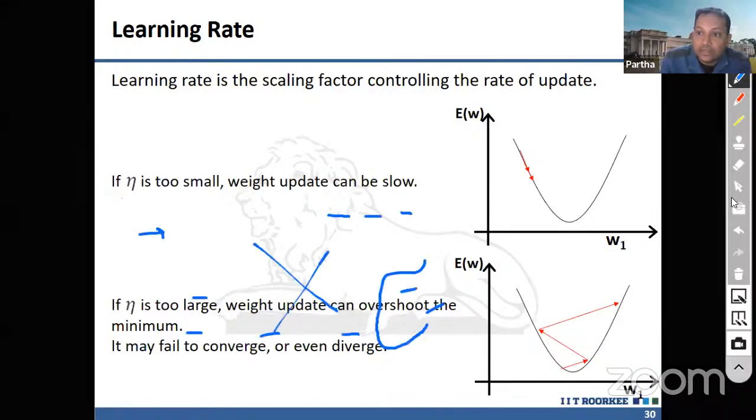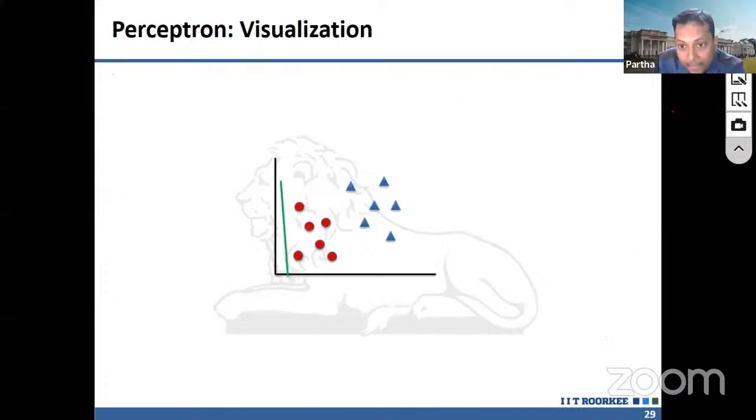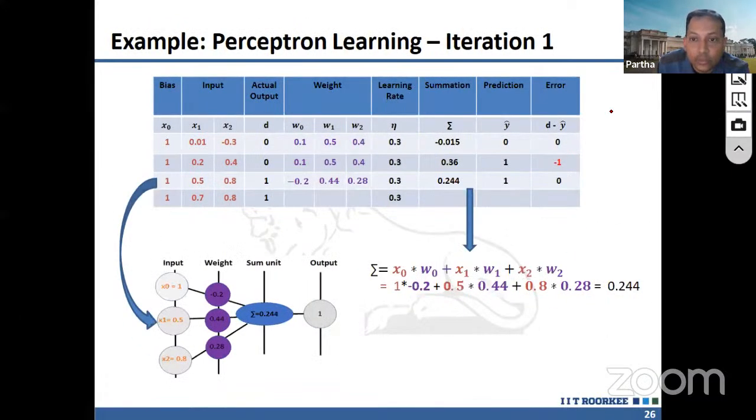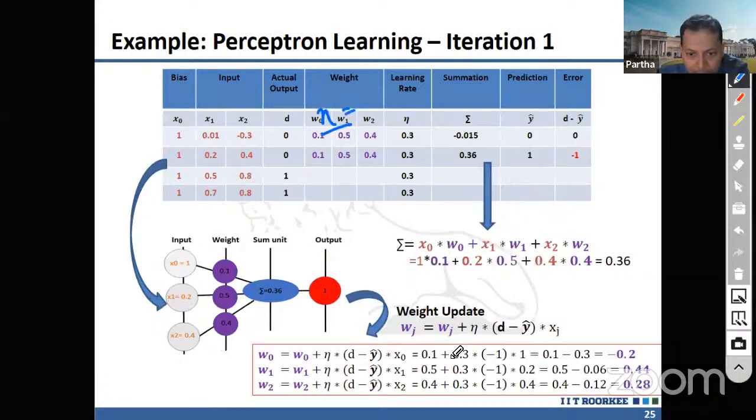This scaling, what I said, this eta, is actually the scaling factor, or you can say the learning rate. Whatever we are getting as the total sum, if you do not have this learning rate, what was the learning rate here? 0.3.